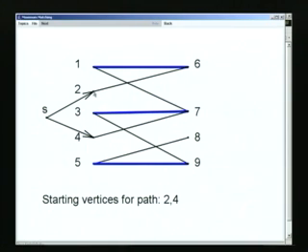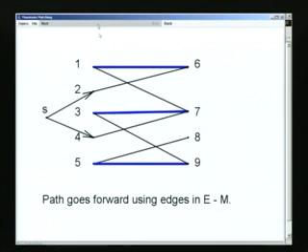What do we do next? Well, we want to grow the path itself, and for growing the path, we need to use edges which do not belong to the matching. Furthermore, we know that these edges will be used only in the forward direction. This is the constraint that we want to enforce.